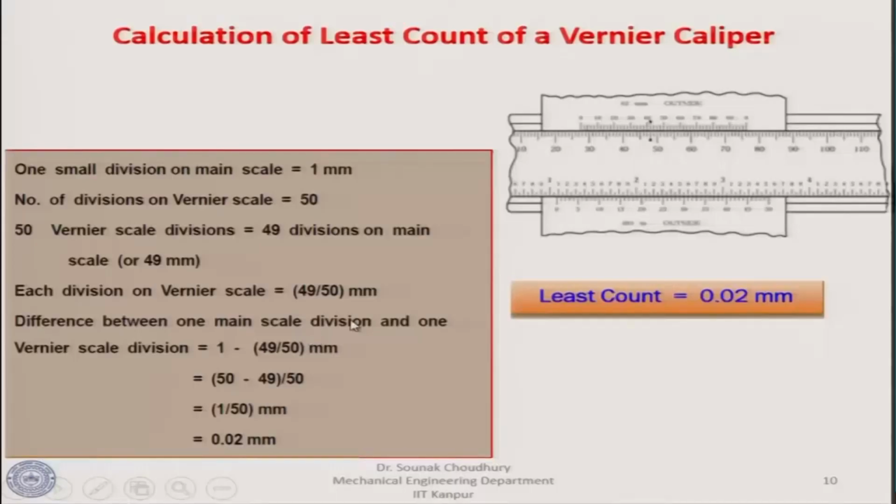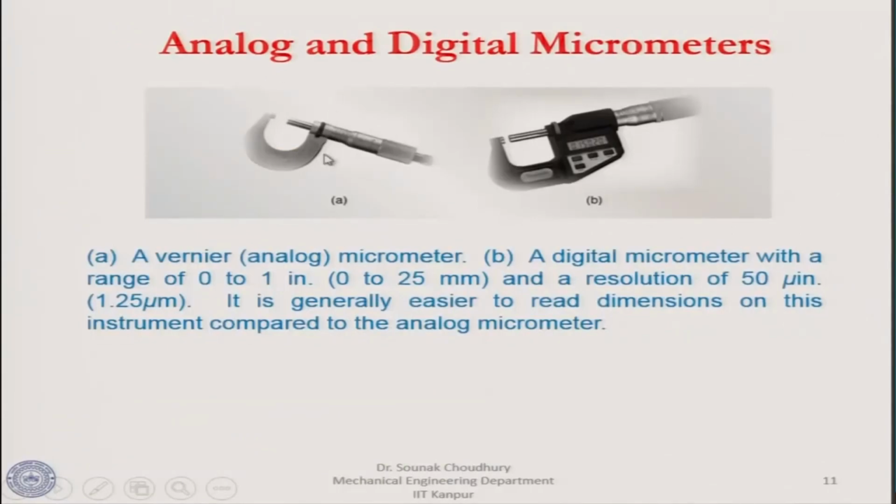All right. Now, these are the analog and the digital micrometers. The analog micrometer has the main scale and a round, rotating scale. So, here it is the round one and here it is the main scale. This is the vernier, and depending on the dimension shown here, you can read from the main scale and the round scale the actual reading, up to the decimal level depending on the least count of the micrometer.